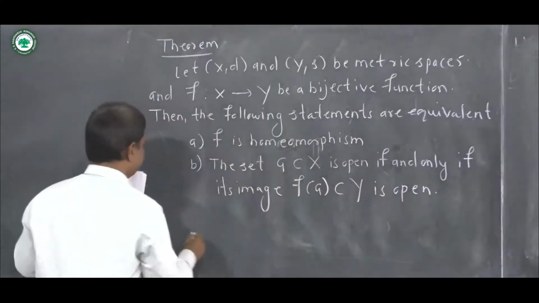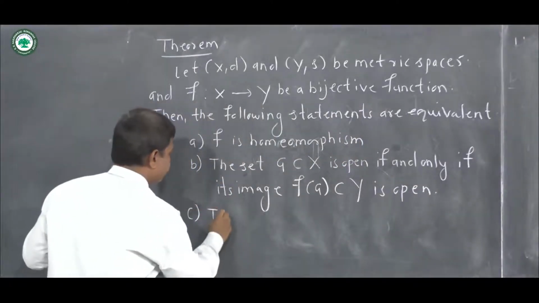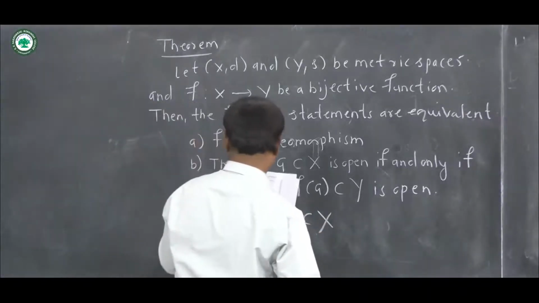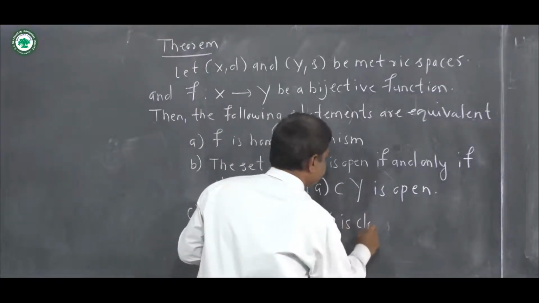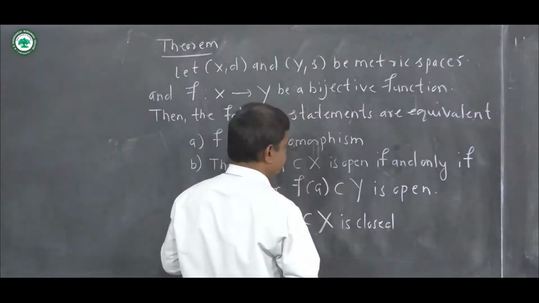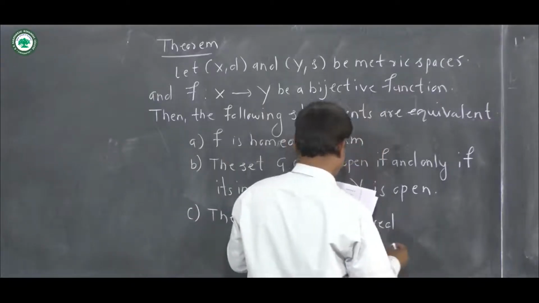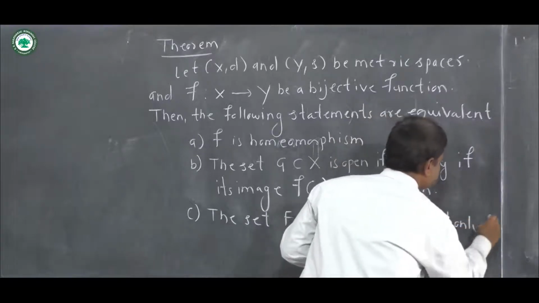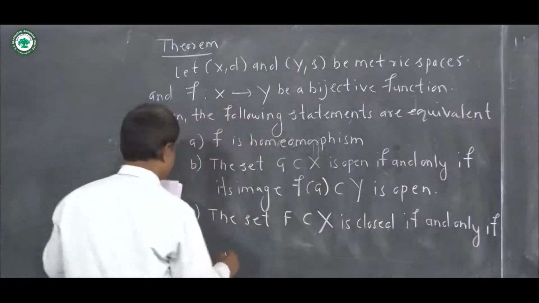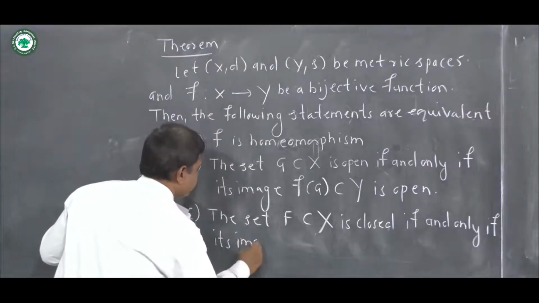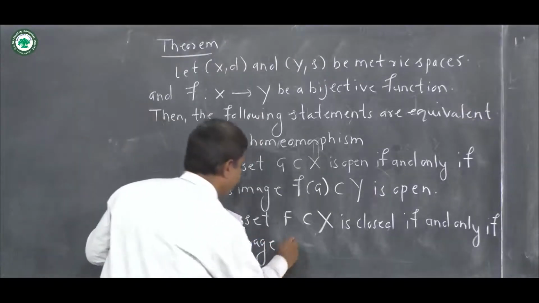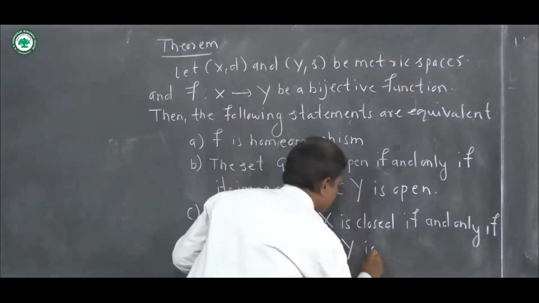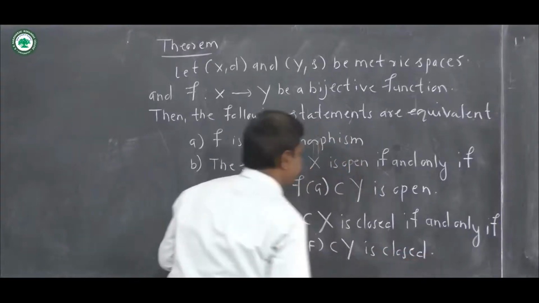And the third statement is that the set F, which is a subset of X, is closed if and only if its image f of F, which is contained in Y, is closed.